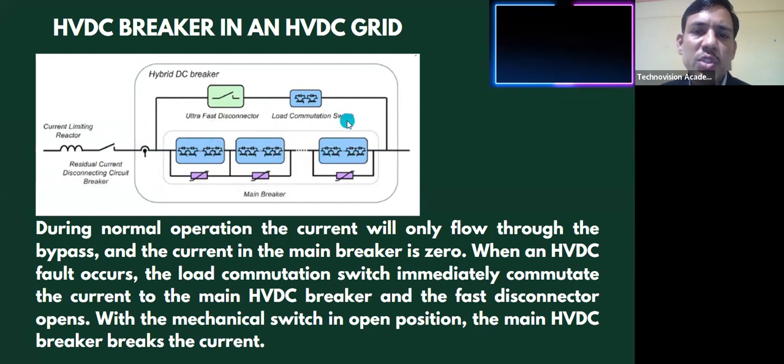But suppose there is a fault in the grid or VSC system, then this load commutation switch opens, and when it opens, it will disconnect this ultra fast disconnector, and in this way that fault current is, we can say, isolated from the DC side. And in that case, these main breakers again connect here. IGBT modules are there, so that will operate, and we can say this stored energy is absorbed into these non-linear resistors.